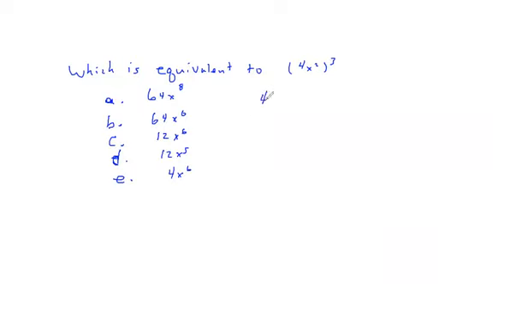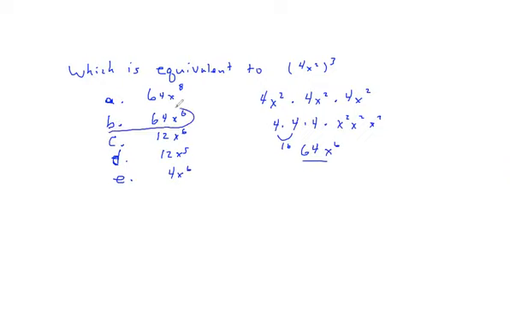One way to look at it would be to go 4x squared times 4x squared times 4x squared, which would then, by using our commutative property, be 4 times 4 times 4 times x squared times x squared times x squared, which of course would be 64, since 4 times 4 is 16, 16 times 4 is 64, and then x to the 6th. So we're going to have letter B.